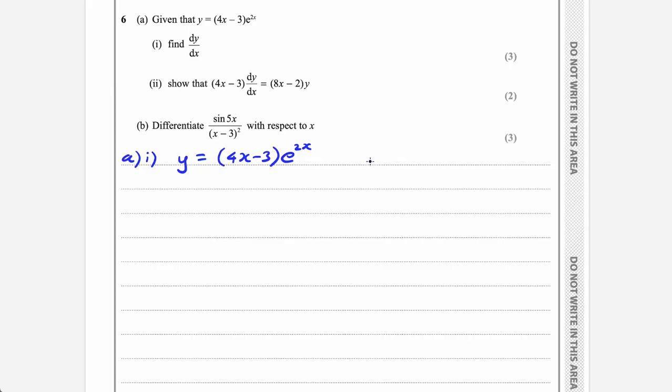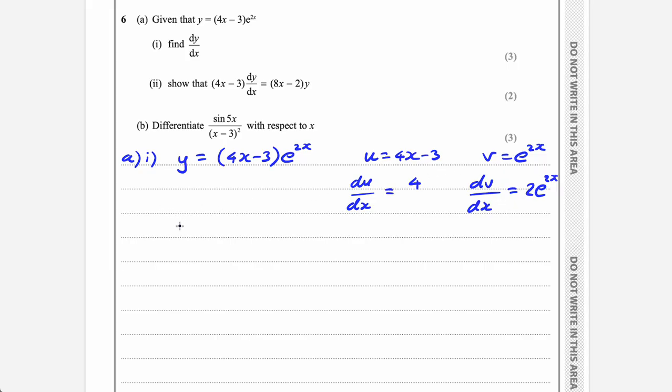I'm going to write over at the right, u equals 4x minus 3, v equals e to the 2x. du dx, the derivative of u, is just equal to 4. dv dx is equal to e to the 2x times 2. Chain rule, guys. So many people forget to times that by 2.